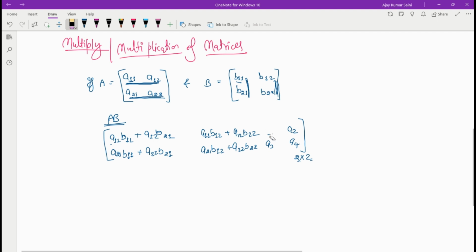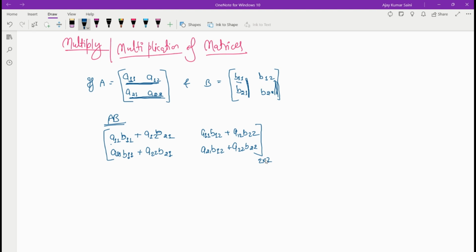I hope you understand this. Till now it is very easy. Slowly we cover all these topics related to matrix and increase our level. I hope you are able to understand till here.